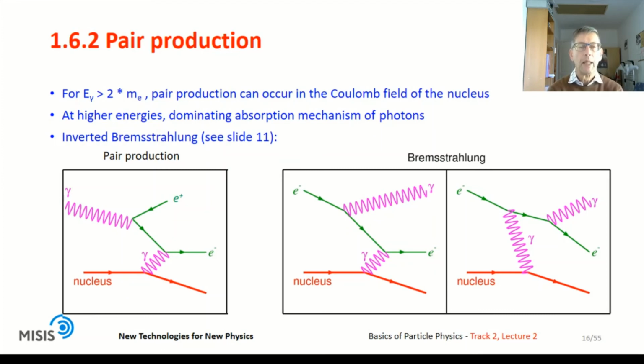The photon can pull an electron and a positron out of the vacuum and create an e+ e- pair. And the Feynman diagram for this process is just an inverted Bremsstrahlung. You swap the photon and the electron, and then you get pair production. From the previous lecture, you know how to calculate the cross-section from these Feynman diagrams.